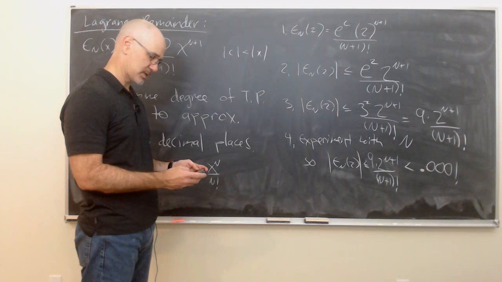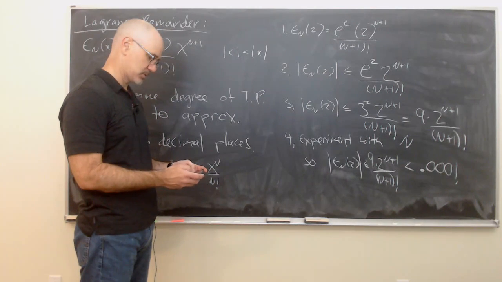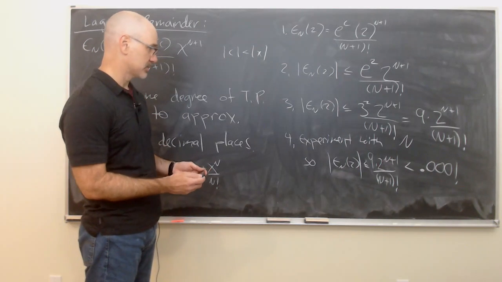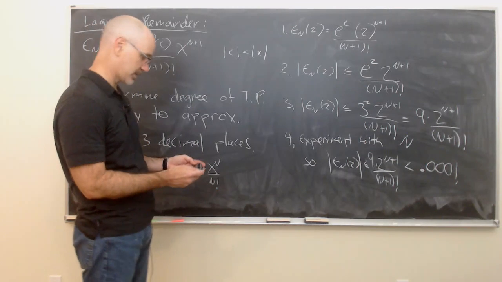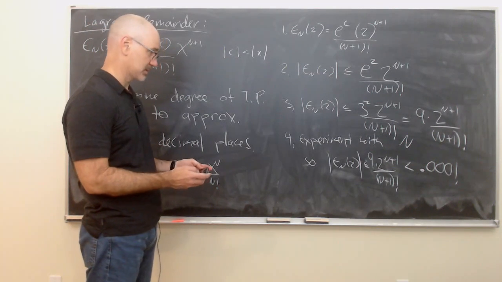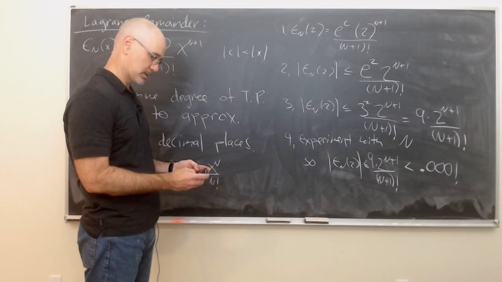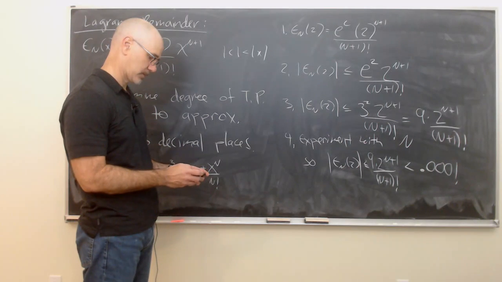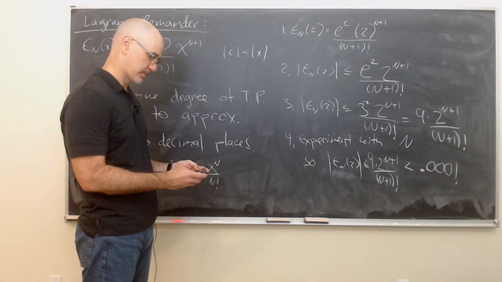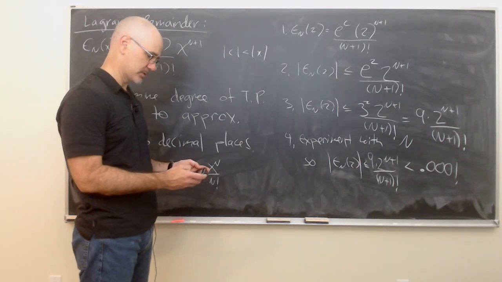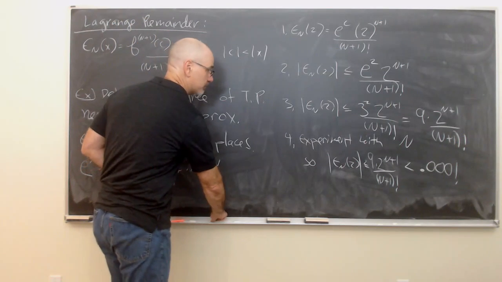But n equals 10, 9 times 2 to the 11th divided by 11 factorial, that gives me 0.0004, so not quite. Let me try one more. If n is 11, then I would take 9 times 2 to the 12th divided by 12 factorial, and that does it. I get 0.00007.